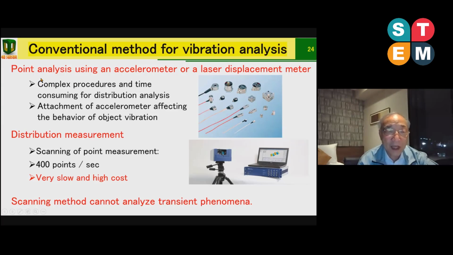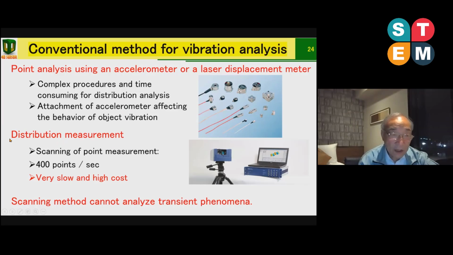But in order to obtain the distribution, the accelerometer is moved to a new position many times. Then it gives a lot of big data, and it takes much time, and the calculation is very difficult and time consuming.